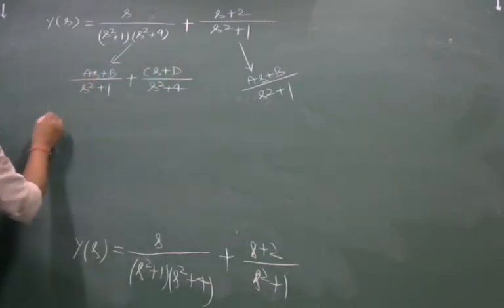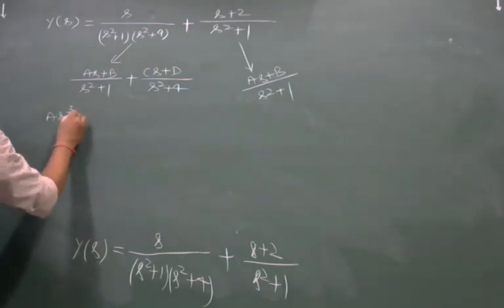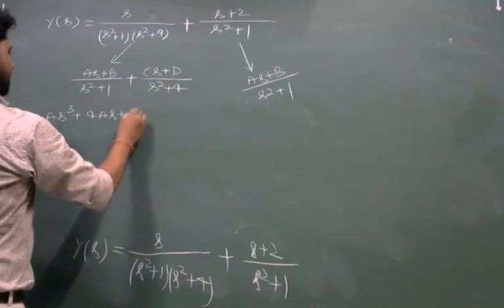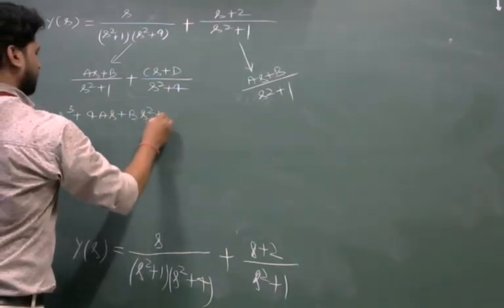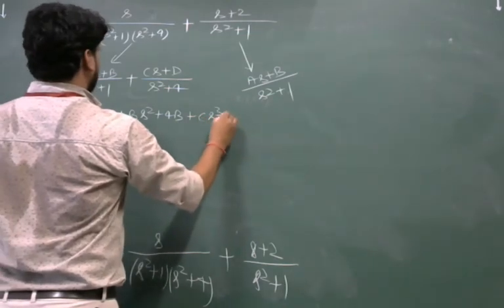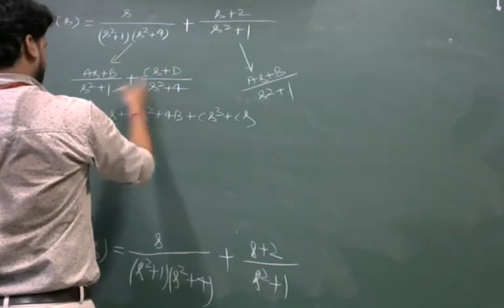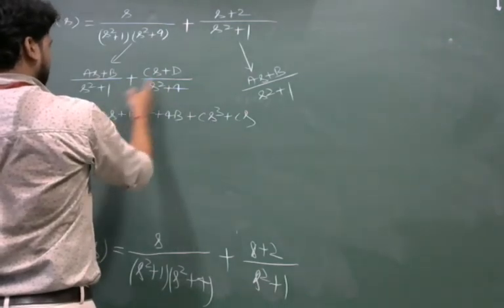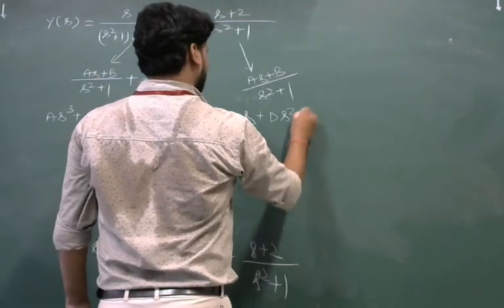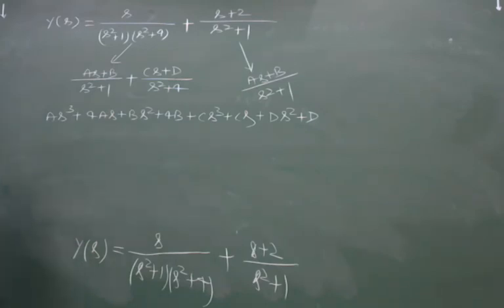Here the numerator will become as cube plus 4as plus bs square plus 4b plus cs cube plus cs plus ds square plus d. This is the numerator of this side of the given relation.